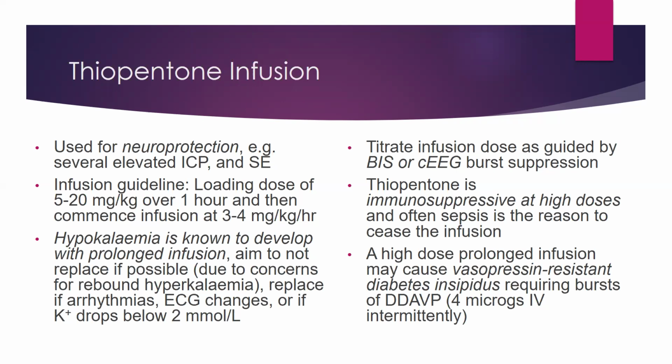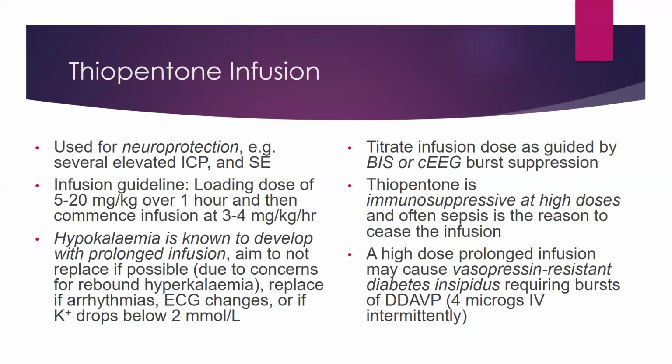Don't forget that high doses of thiopentone are immunosuppressive, and often associated with sepsis, which is one of the reasons why we should stop the infusion. Very importantly, it can cause vasopressin resistant DI. At high doses, you can have high urine output, greater than 4 mL per kg per hour.